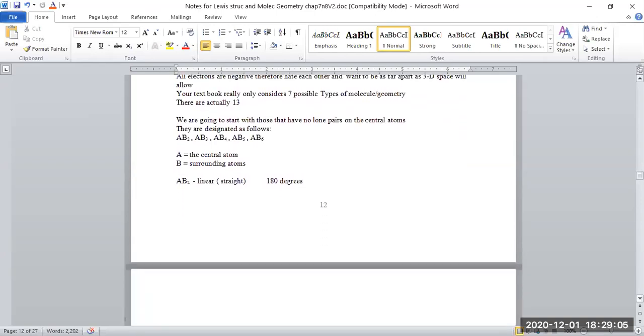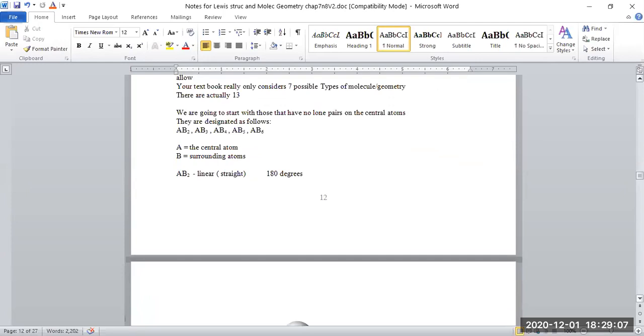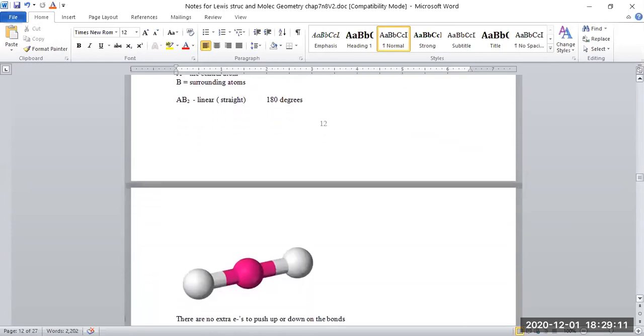So what if you had that first one I showed you that had 1 in the middle and 1 poking straight out on either side? Its VSEPR formula is AB2. The word that represents its molecular geometry is linear, because the word linear means straight line.